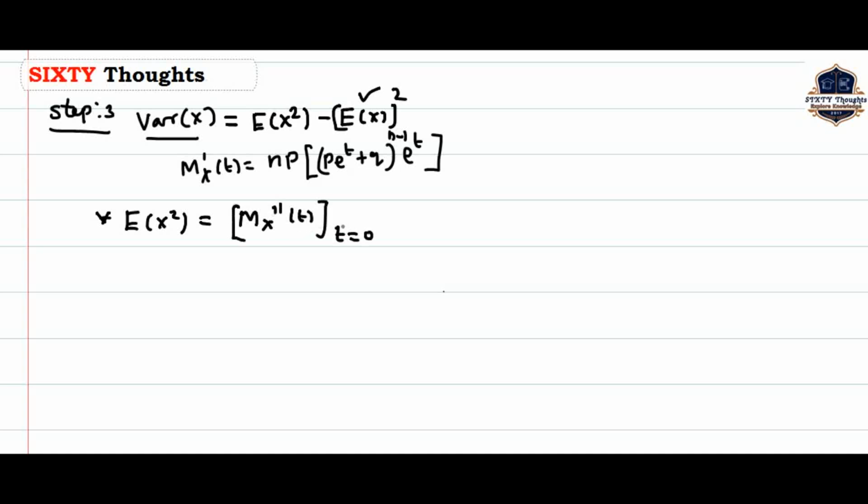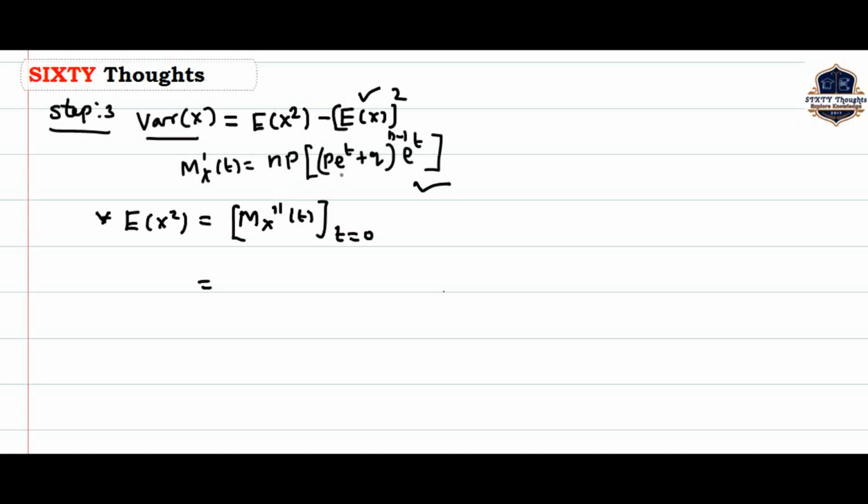Okay, in the previous step, that means step number 2, we already found what is M dash of t. M double dash of t means once again differentiate with respect to t. In this equation, if we get some answer, after that substitute t equal to 0, we get E of x square. So how to differentiate this function? Here np is constant.